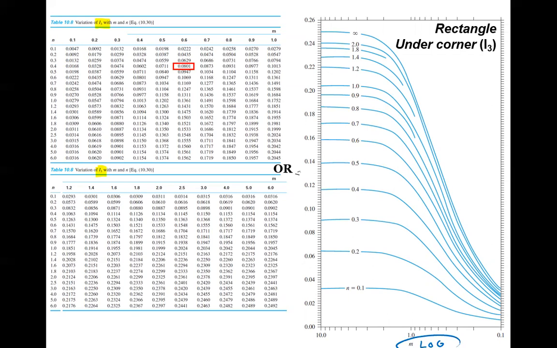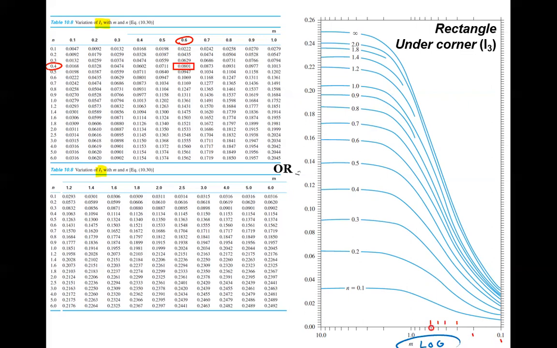Let's say for this example we have an I3 of 0.081, and that is at 0.6 M and 0.4 N. So we'd find 0.6 M. Let's start at 0.1, 0.2, 0.3, 0.4, 0.5, 0.6. So that's our 0.6 right there.